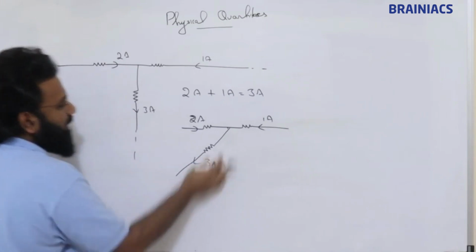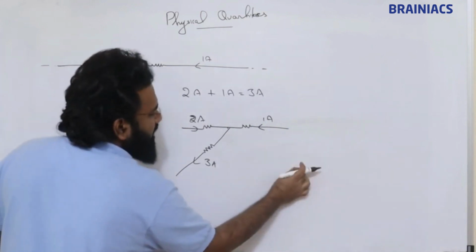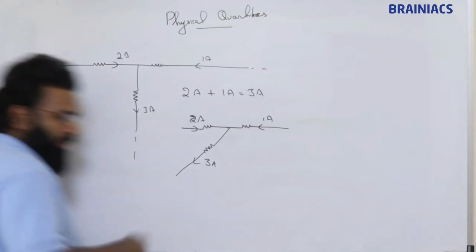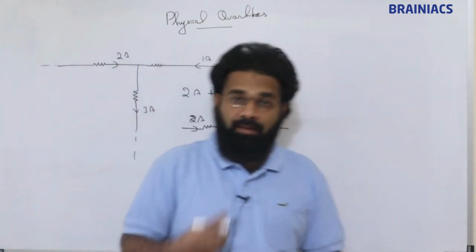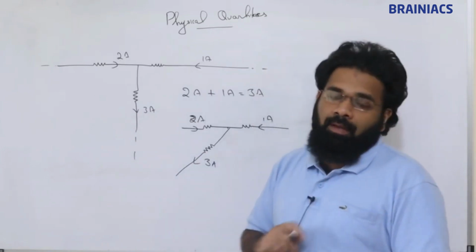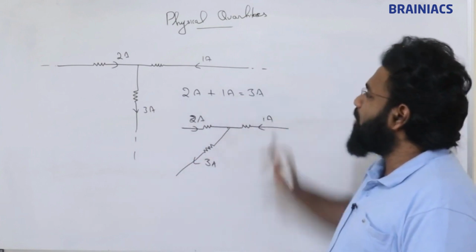Still this is going to be 3 ampere, whether I make it in this direction or change it to this side. Even though we feel like current has got direction, current is simply obeying linear algebra, just primary school mathematics, 2 plus 1 is equal to 3 ampere.